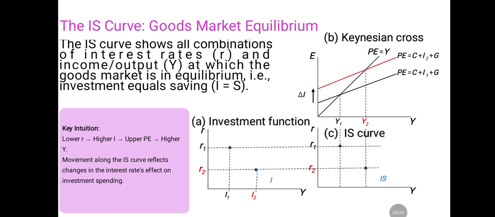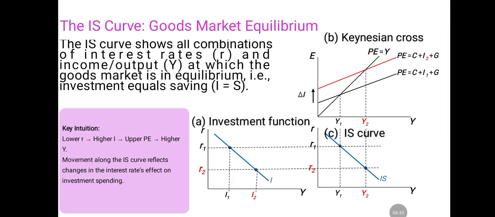When the R2 line is connected from panel A to panel B, it shows, when we draw the investment curve, the inverse relationship, and the IS curve also shows the inverse relationship. It means when the interest rate declines from R1 to R2, the investment increases from I1 to I2.